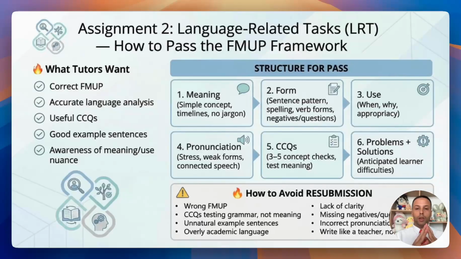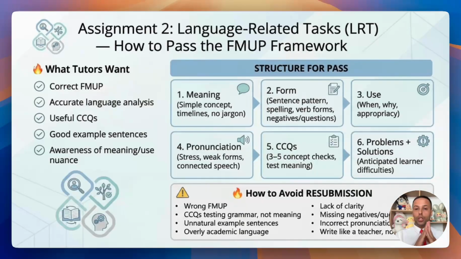Form. Sentence pattern, spelling changes, verb forms, negatives and questions. Never forget to show when we use negatives and questions. So also must be precise.